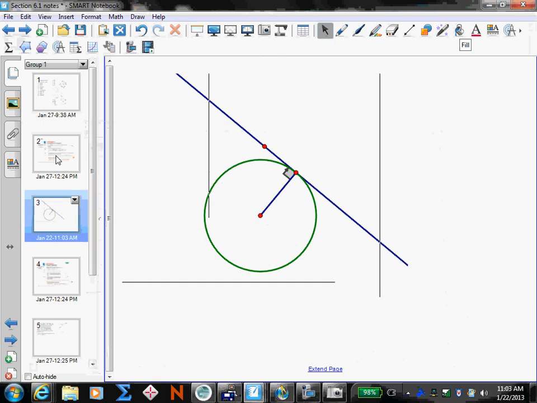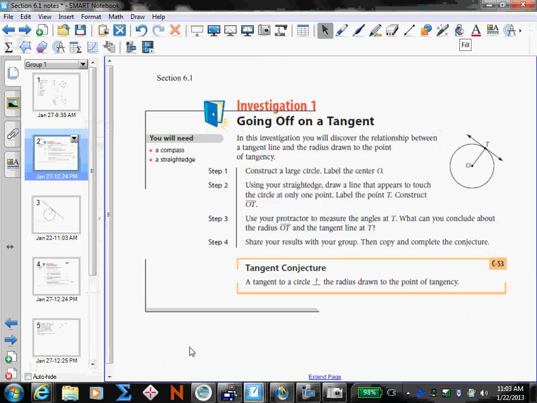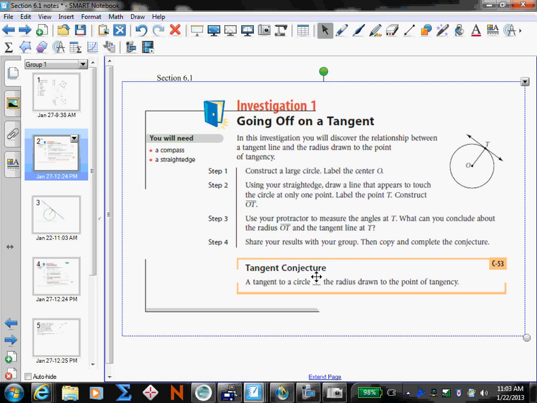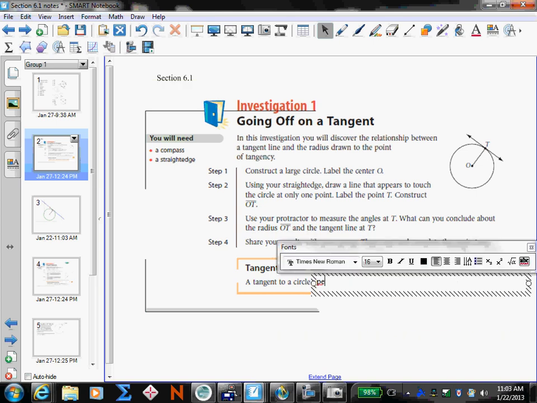So let's go back to conjecture 53. So this will be the first one of chapter 6, titled Circles. It says a tangent to a circle blank, the radius drawn to the point of tangency. So we need to fill this in with the word perpendicular.